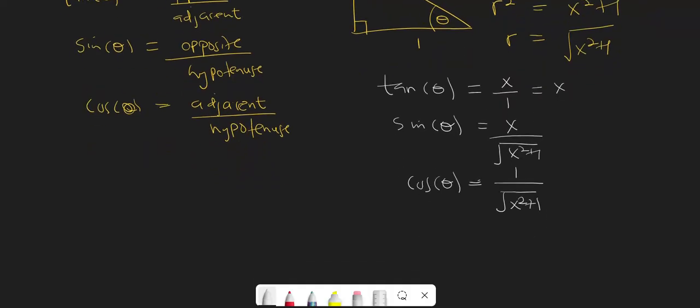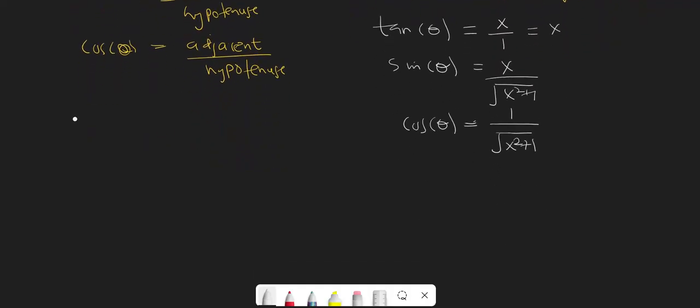Now that we know this, we can find sine theta in terms of tan theta. So sine theta is equal to x over the square root of x squared plus 1. But we know that x is tan theta. So in place of x, we can plug in tan theta.